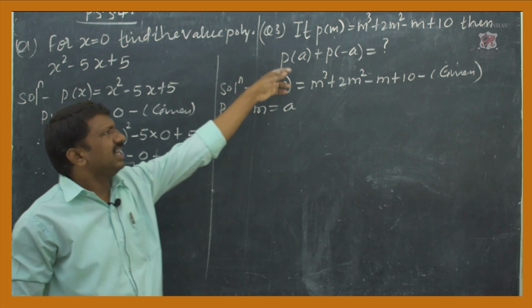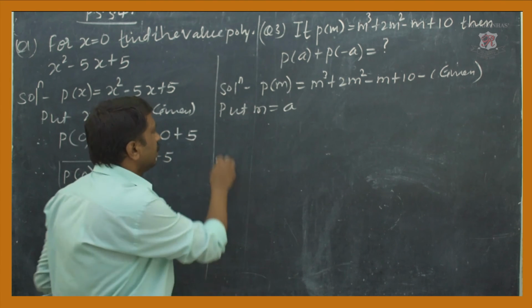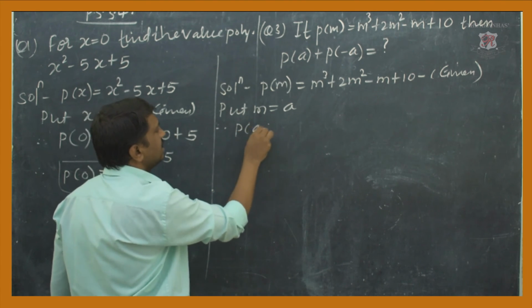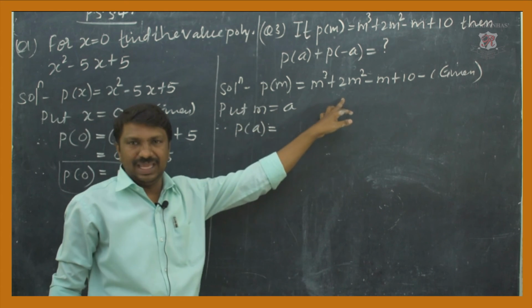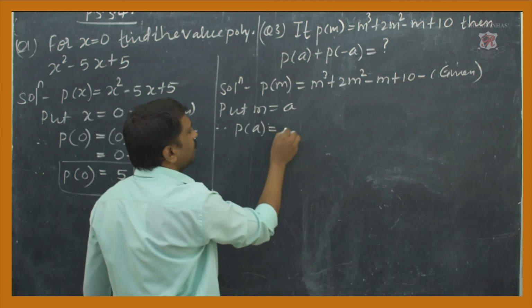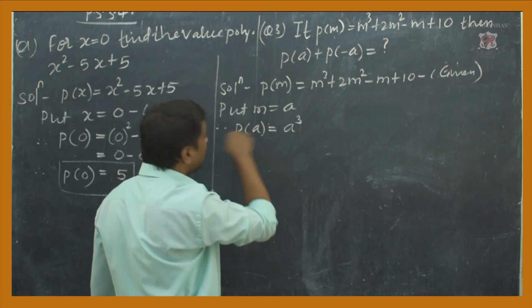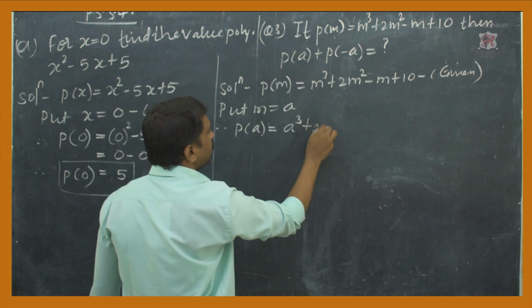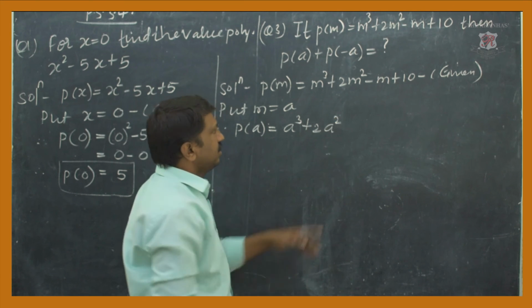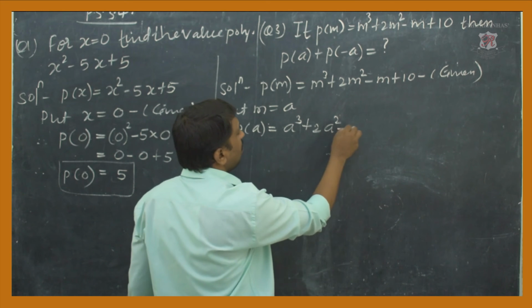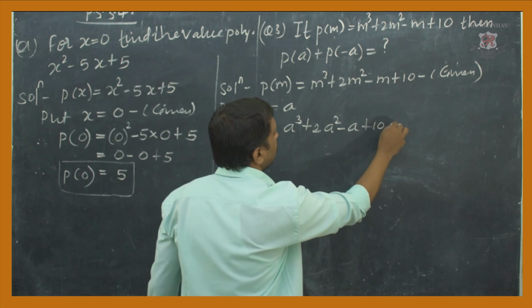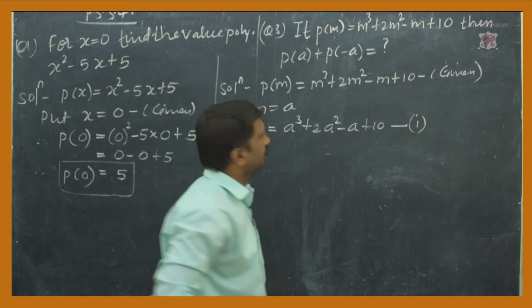So P(a) is equal to a cube plus 2a square minus a plus 10. This is the first one.